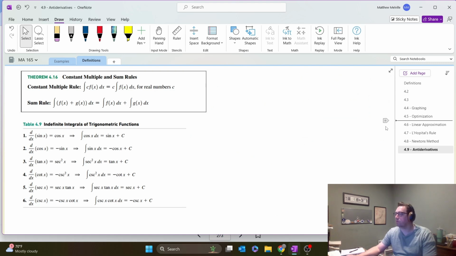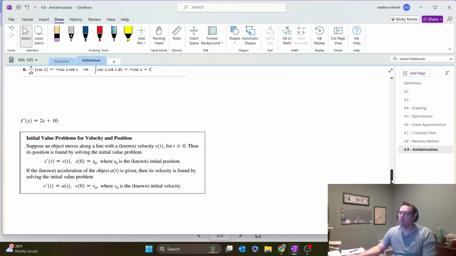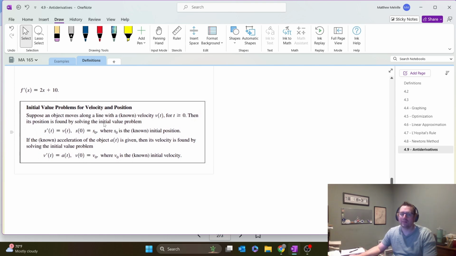And one of our most famous contextual problems that we do is velocity, position, acceleration. Remember? So we can say, all right, well, I know to get from position to velocity is the derivative. So velocity to position is going to be the antiderivative, and they're going to give you some initial value where the initial position is known.